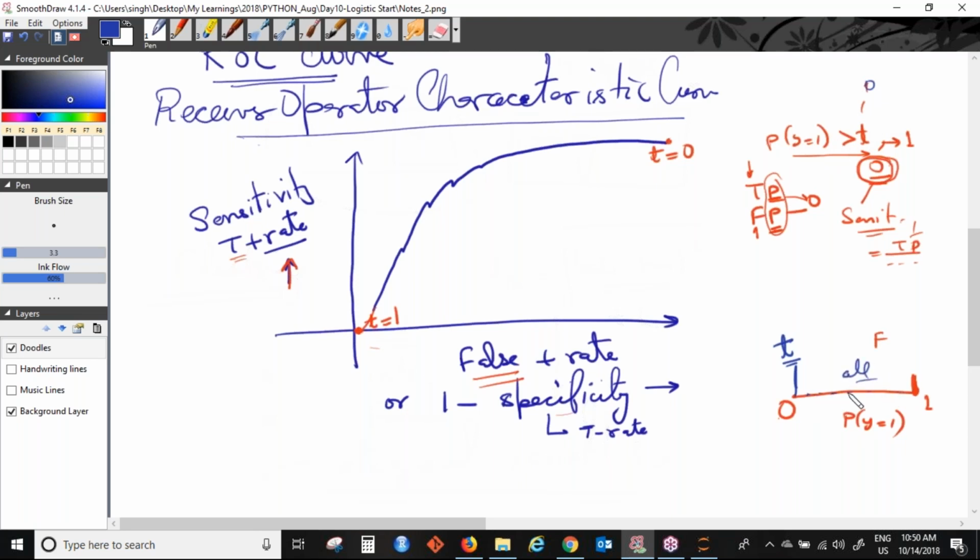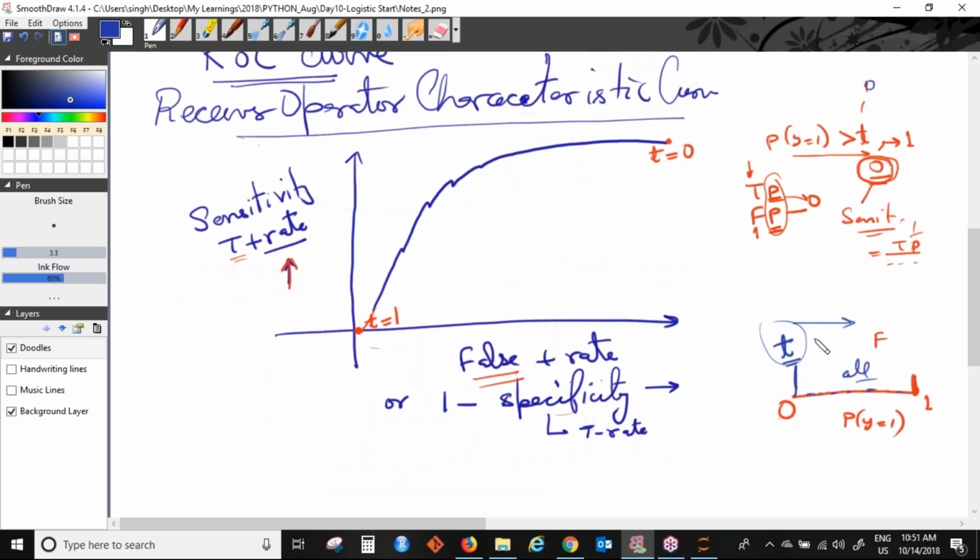Look at this. Your values fall in this range, and you have kept your threshold here. So whatever is above this is all 1, and everything is above this. All probabilities will be above 0, right? So that means you are predicting all ones. Okay? Do you follow, Naresh? You will predict all ones when your threshold is 0.